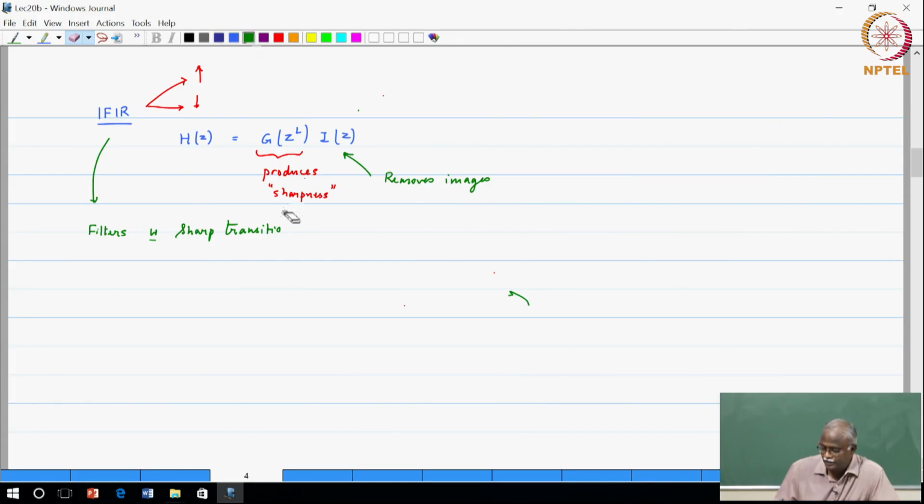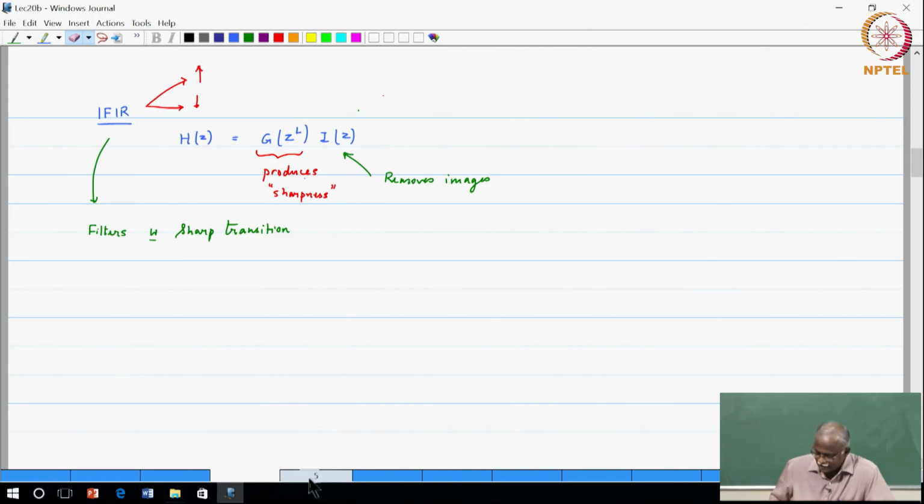Even without sampling rate conversion, this may be an attractive method, particularly if you have sampling rate conversion, this would be the way to do it. And again, I do hope that if there is a need for you to design a sharp filter, you will keep this concept in mind.